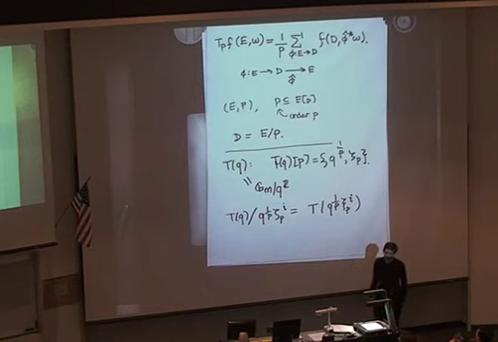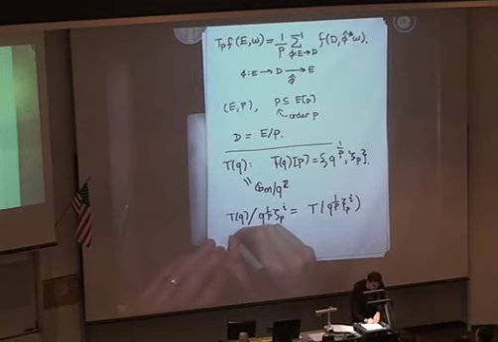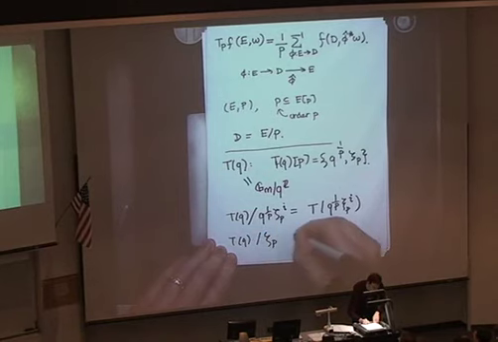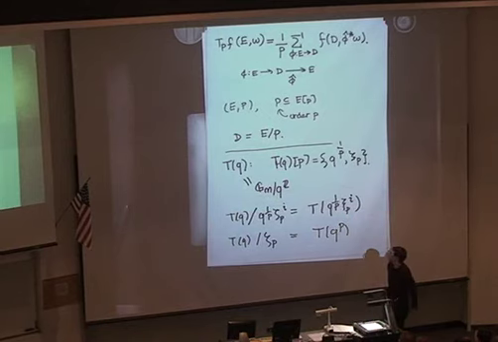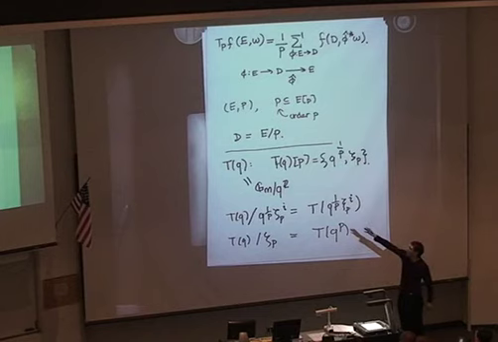And similarly, if I take T_q and I mod out by zeta_p, well, this is a little more tricky, but it's not so hard to see. This is T of q^p, because you just imagine you have G_m modulo q to the Z, you take the p-th power map, what's the kernel of that?